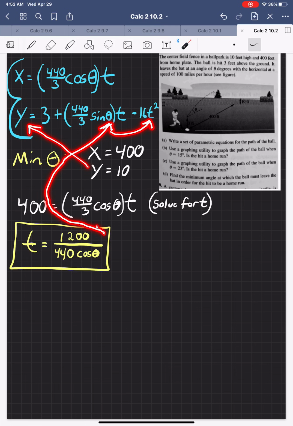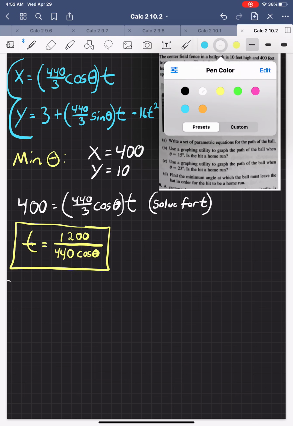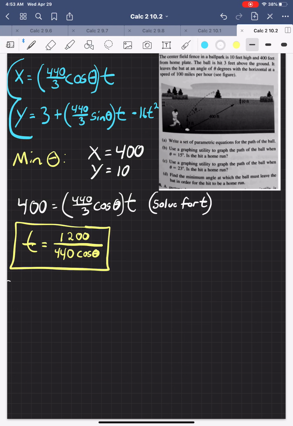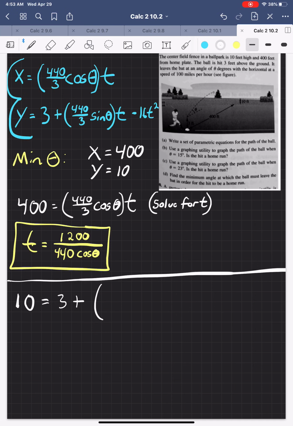All right, so I'm going to write that. So that's what's going to happen right now. So we would have 10 is equal to 3 plus 440 over 3 sine theta.